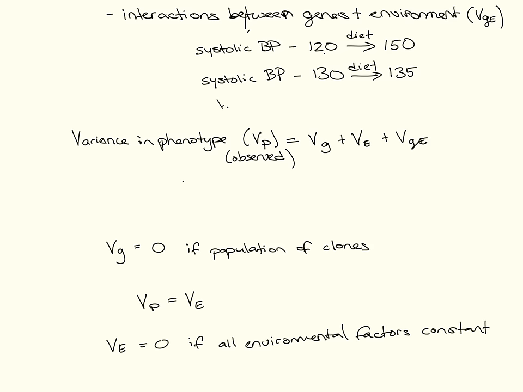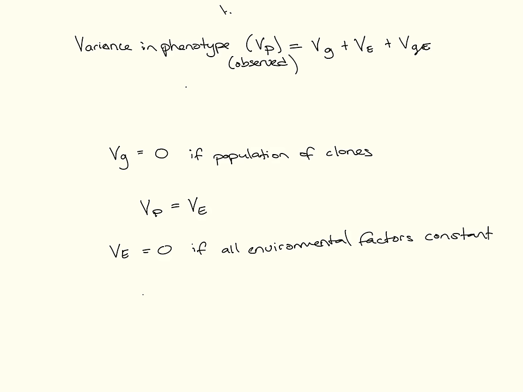And in this case, the phenotypic variance would just be equal to the genetic variance. Again, we don't have to worry about the environment-genetic interactions because the environment is held constant.